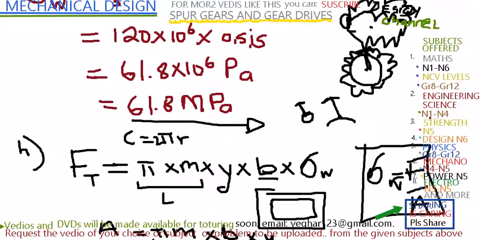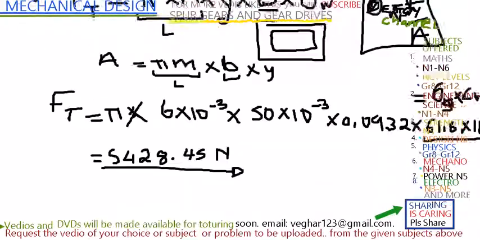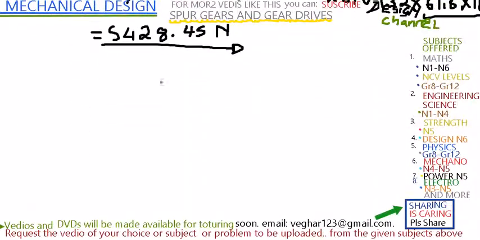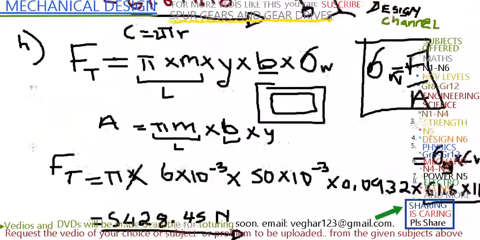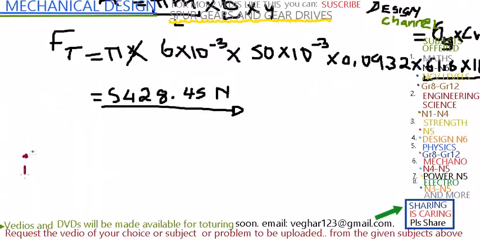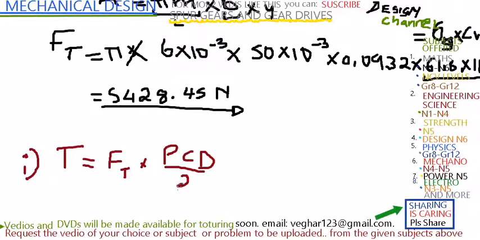The radius is from the center to the circumference. So this is number H, this is number I. A torque is the tangential force multiplied by PCD divided by 2. PCD is the diameter, so for the radius it is divided by 2.